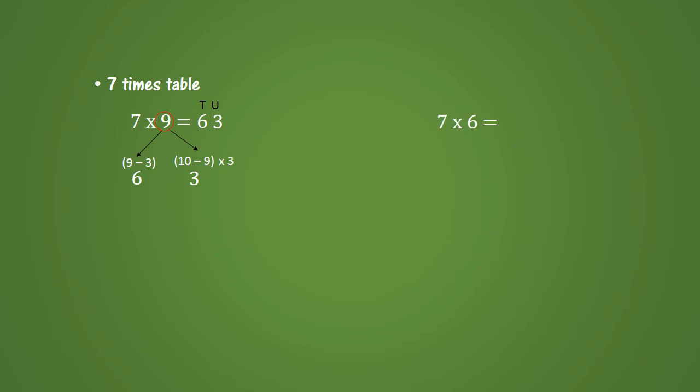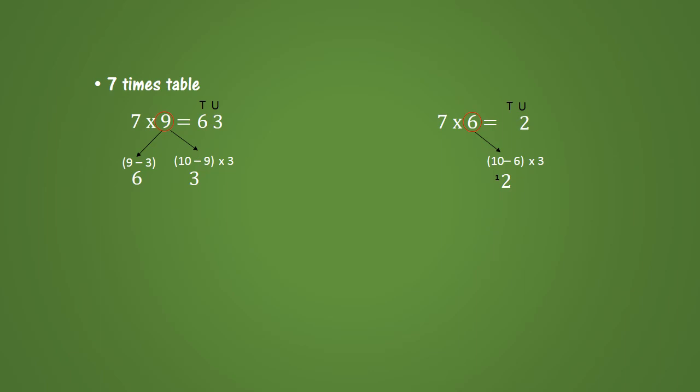Now let's take another example of 7 into 6. So here the face value is 6. So for units place, we just have to subtract the face value by 10 first and then multiply it by 3. So 10 minus 6 gives us 4, and 4 multiplied by 3 gives us 12. So we will write 12 this way, and 2 will go to units place and 1 will be added to tens place.